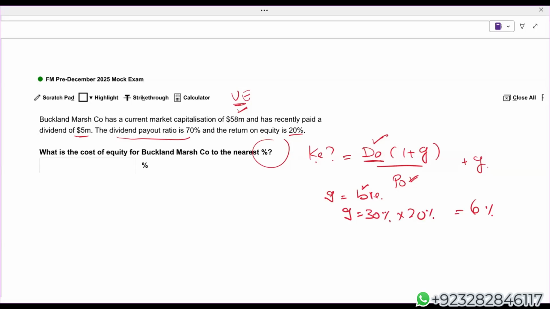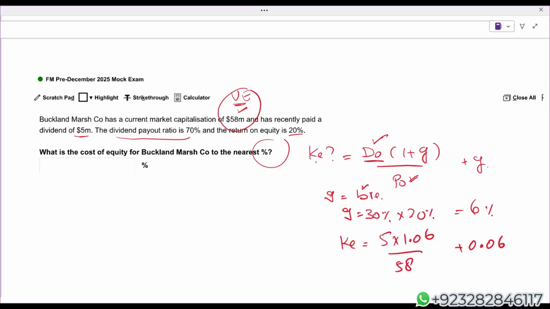So K is equal to the total dividend of 5 million times 1.06, divided by the total market value of equity of 58, plus 0.06.